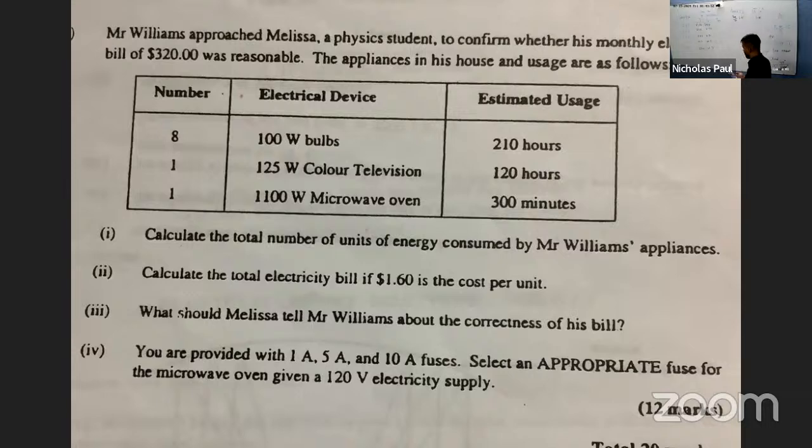Do the calculation. You have a few devices: you have a bulb, a TV and a microwave. Do you have anything else?